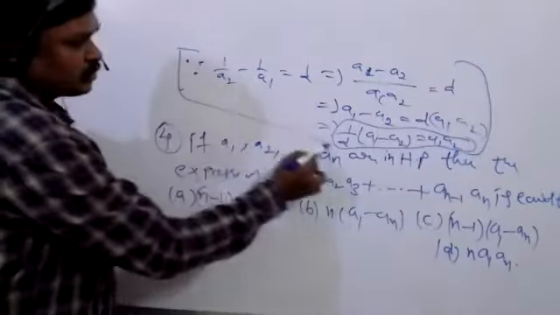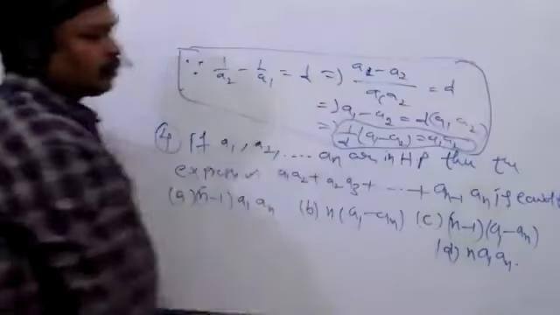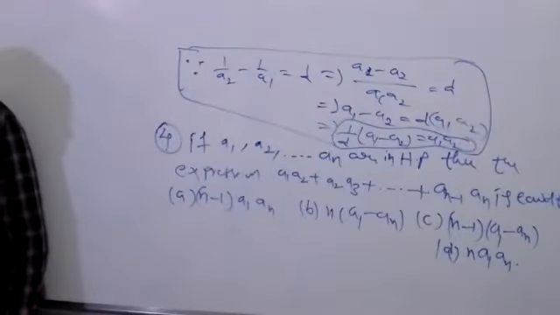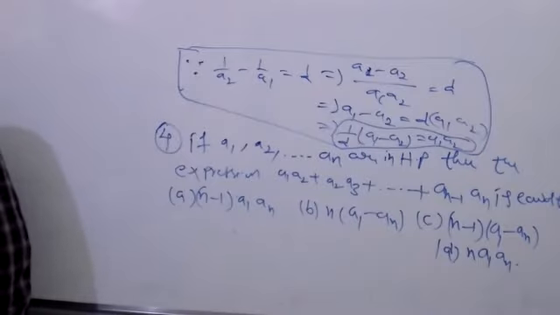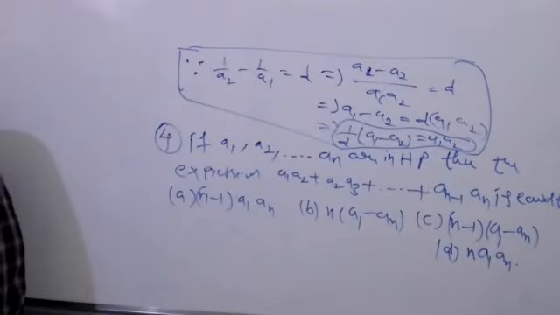Since the terms cancel, it is 1 upon D into (A1 minus AN).